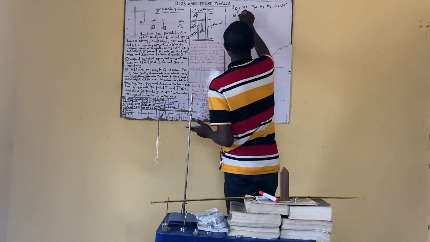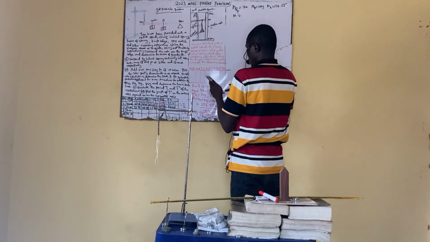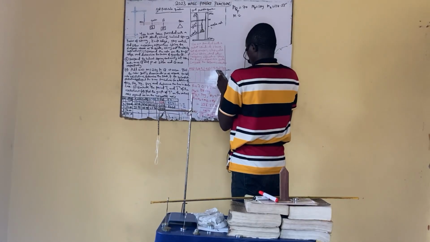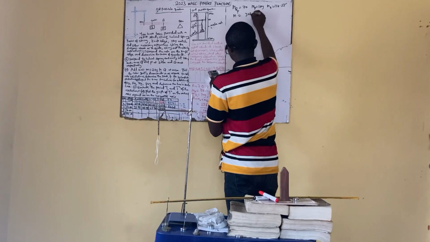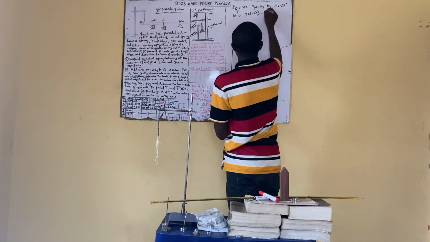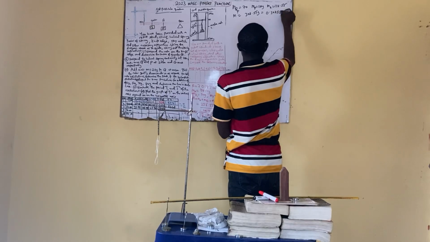So M is equal to 70 plus 100 plus 138.55. So we have 308.55 gram equal to 0.30855 kilogram.